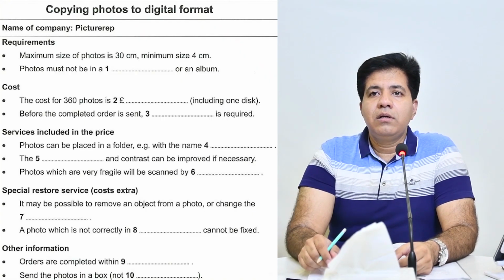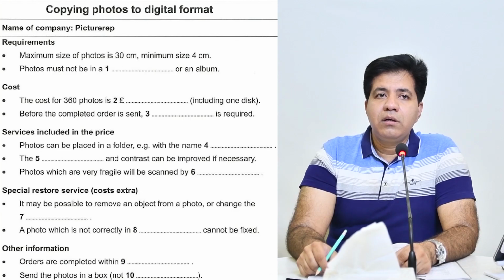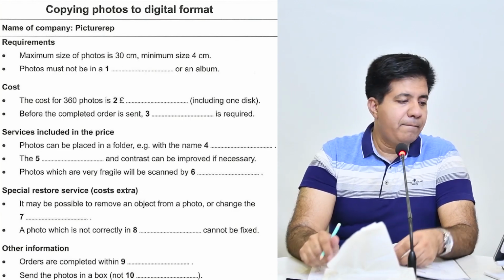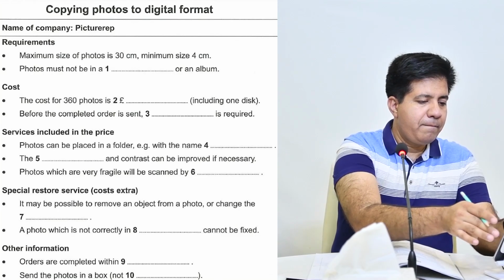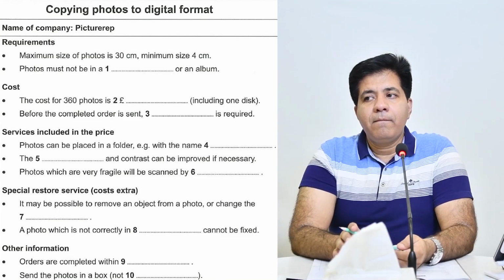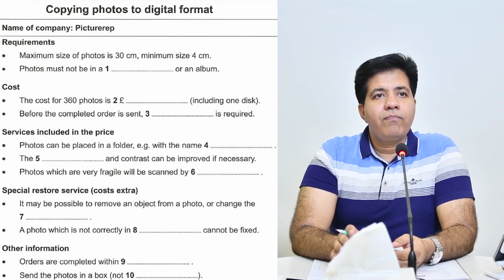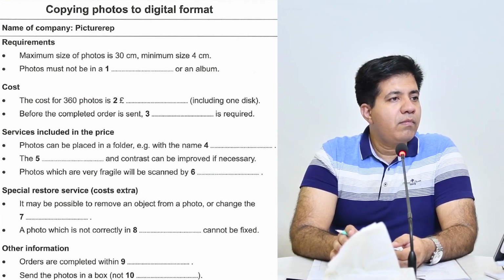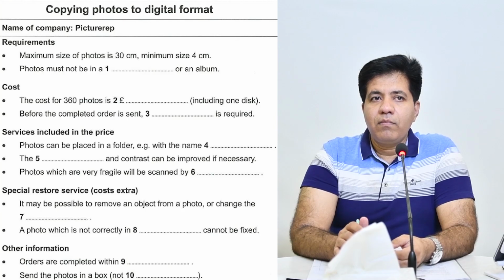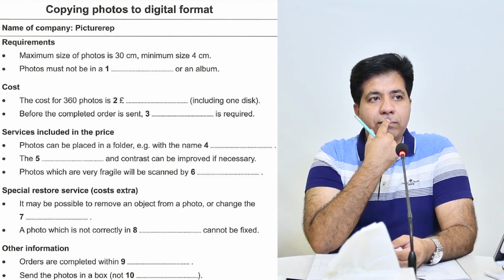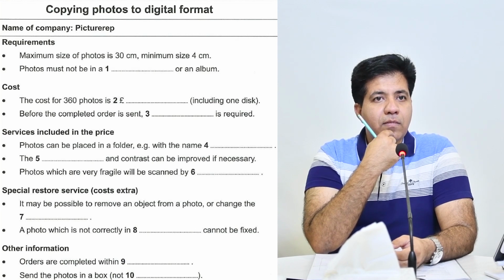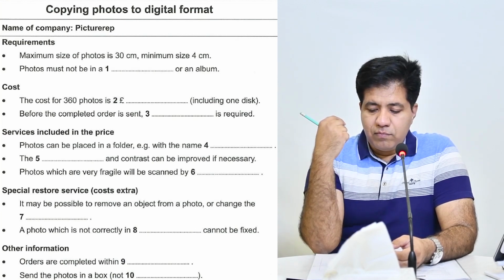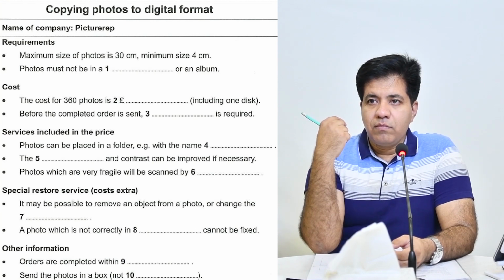Hello, Picture Rep, can I help you? Oh, hi. I saw your advertisement about copying pictures to disk, and I'd like a bit more information about what you do. Sure. What would you like to know? Well, I've got a box full of old family photos that's been up in the attic for years. Some of them must be 50 or 60 years old, and I'd like to get them converted to digital format. Sure, we can do that for you. Right. And what about size?